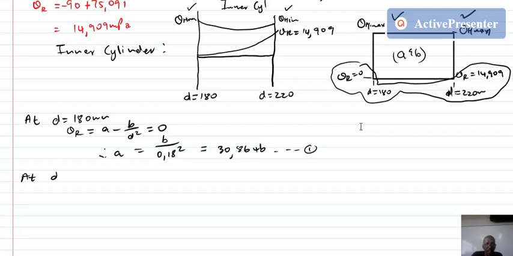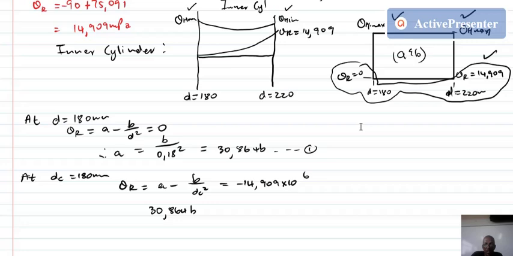I'm going to say at D, which is 180 millimeters, my radial stress there is the same as A minus B over D squared, which is the same as minus 14,909 × 10^6 because it is compressive. My A is 30,864B minus B divided by the diameter, which is 0.18 squared, is the same as minus 14,909 × 10^6.